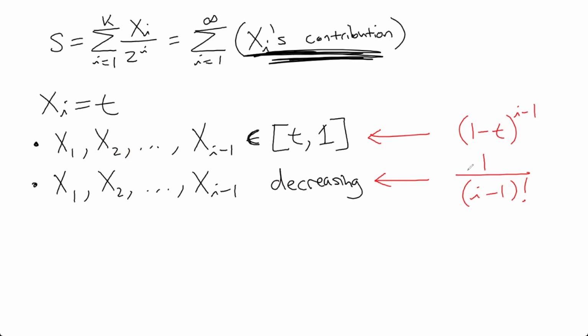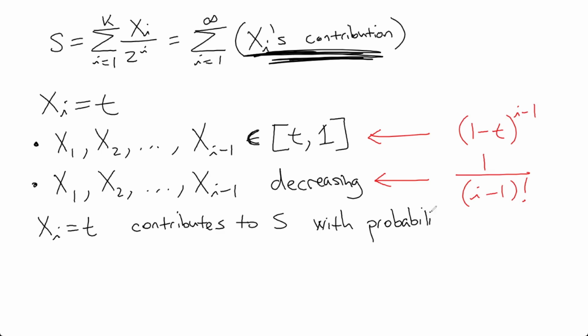So I can say that the probability is exactly this. Putting these facts together, I can say that x sub i equals t contributes to S with probability (1 minus t) to the i minus 1 over i minus 1 factorial.